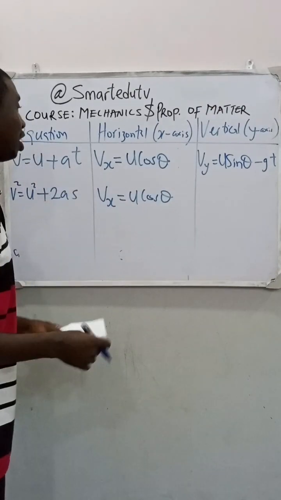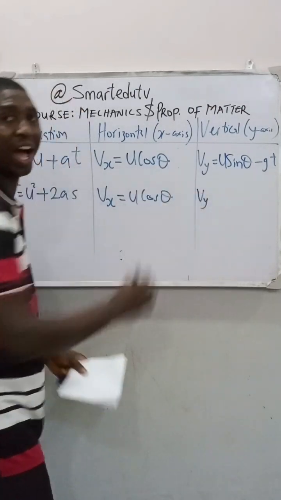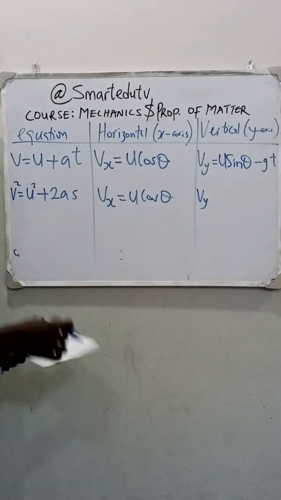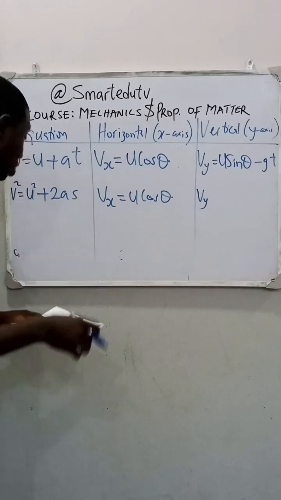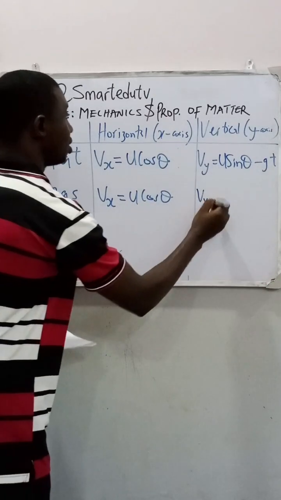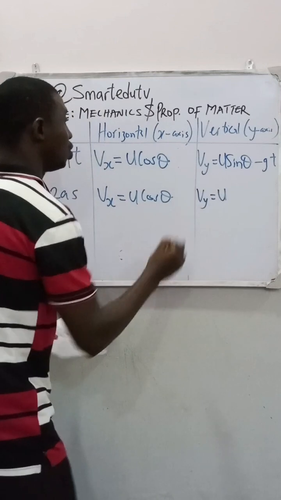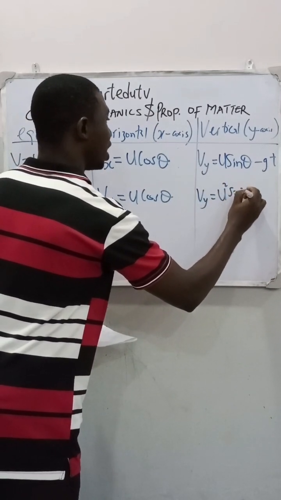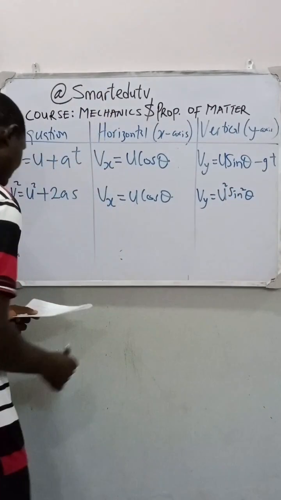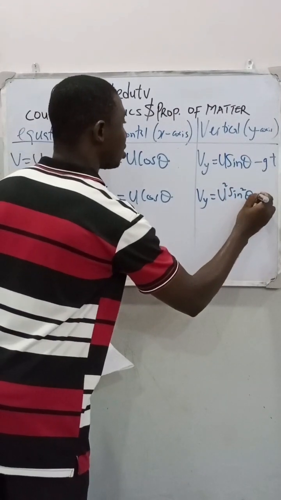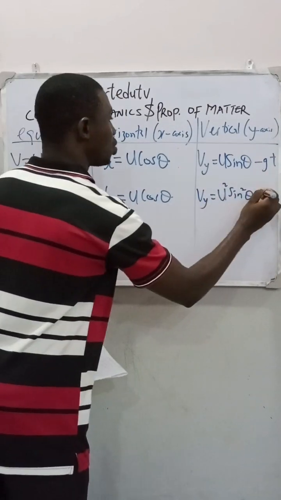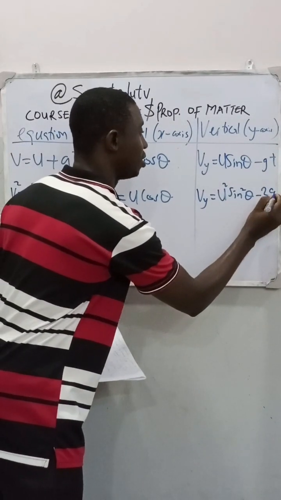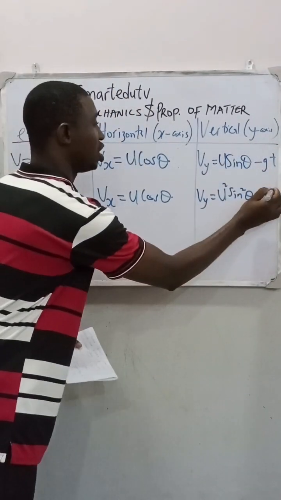For the other side, let's see what happens to the velocity along the y-axis. Our velocity along the y-axis is going to be given as Vy squared equals u squared sin squared theta minus 2gy.